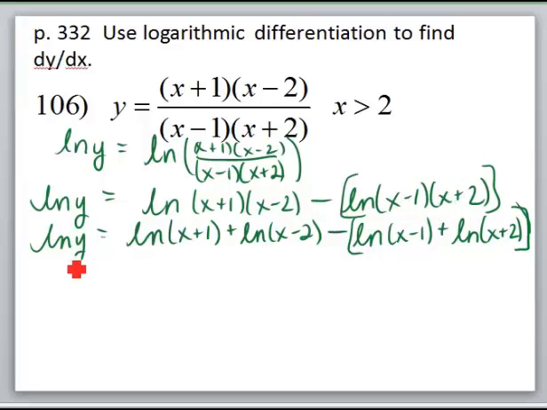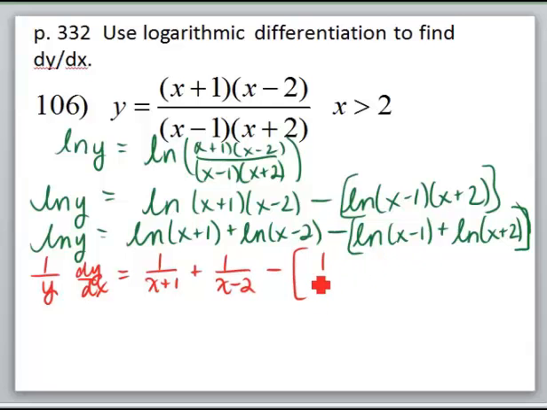I will take the derivative of this. So I have 1 over y dy over dx is equal to, and I take this derivative, I get 1 over x plus 1 plus 1 over x minus 2 minus, the derivative here would be 1 over x minus 1 plus, the derivative is 1 over x plus 2.